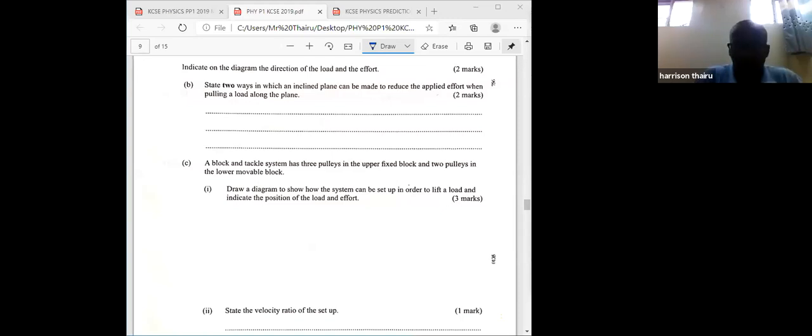The second way. Tony Calvins, give us the second way. Somo Buracha, give us the second way of reducing the applied efforts on an inclined plane. Can we have a volunteer? Someone to raise his hand.